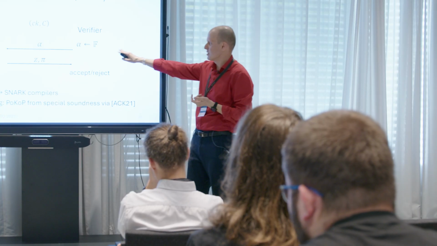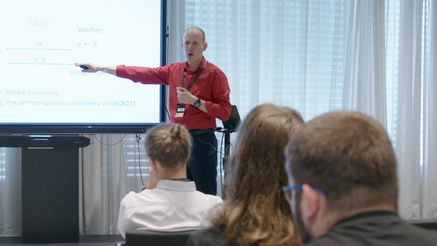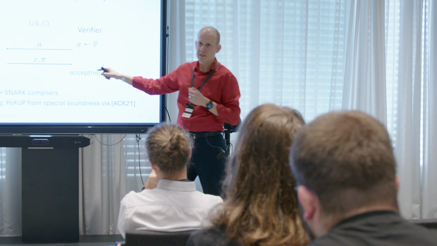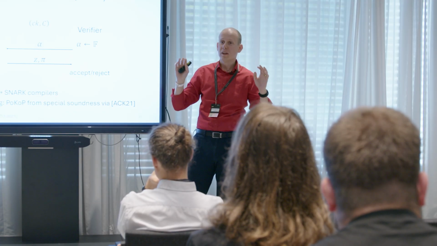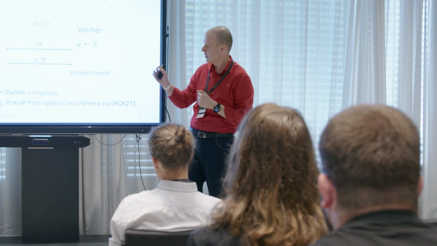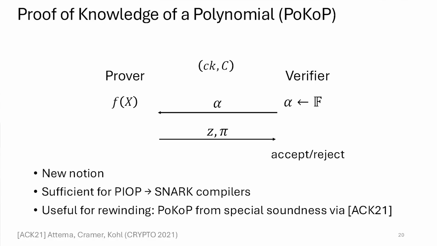So the verifier just samples some random evaluation point and couldn't care less about the value. It just cares that the proof is accepting. I see unhappiness. In very many applications, of course there are exceptions, but very many times, this is sufficient.